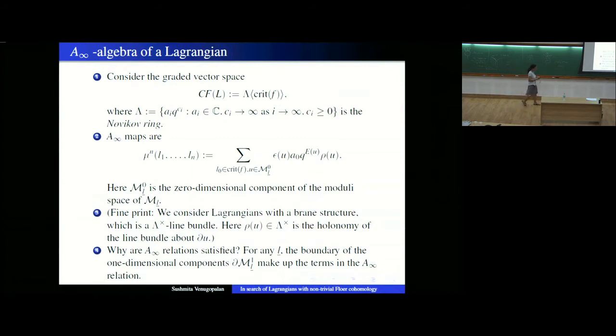So, why are the A infinity relations satisfied?